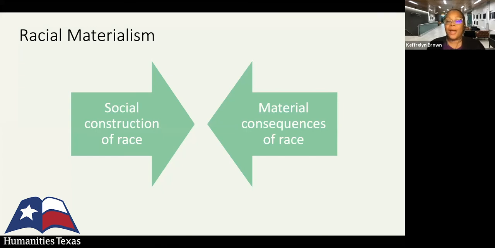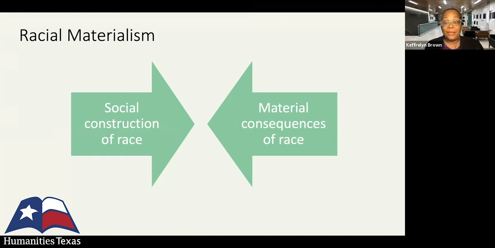We're going to talk about a really important and powerful way that race operated as a social construct that had material consequences that we're still dealing with today in terms of wealth and the distribution of wealth in our society, and how that is connected to how we have addressed and not addressed issues of race in the US.